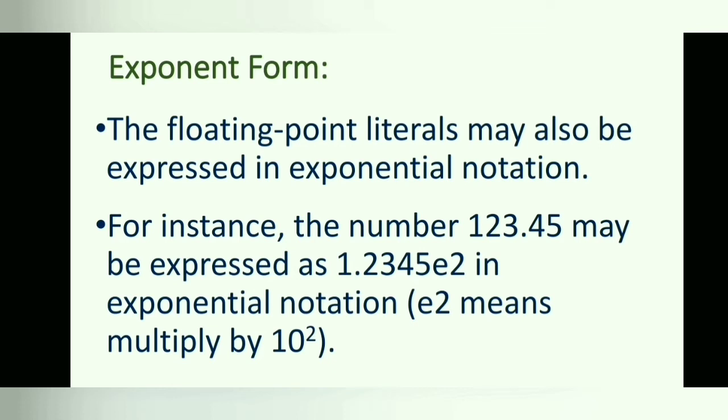Exponent form. The floating point literals may also be expressed in exponential notations. For instance, the number 123.45 may be expressed as 1.2345e2 in exponential notations. e2 means multiply by 10 to the power of 2.